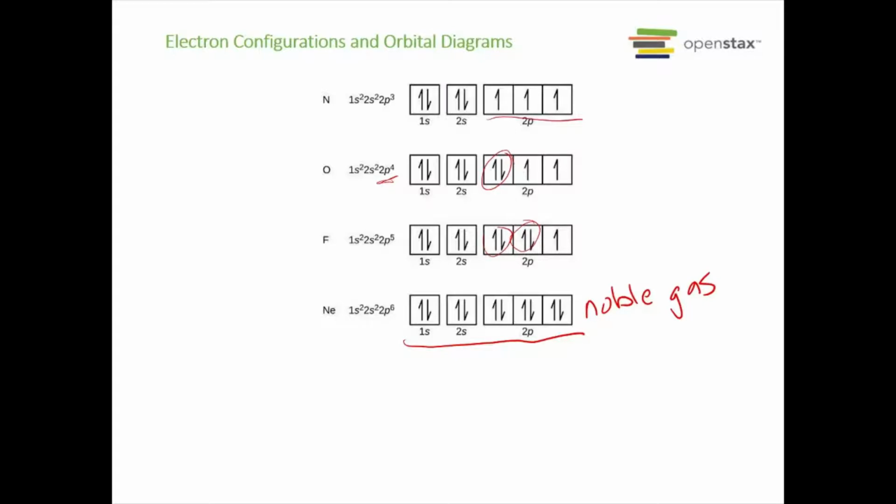Notice there's really no room for electrons to enter. This is why noble gases are stable. They have a nice stable electron configuration. So this is also why our metals and nonmetals either lose or gain electrons, because they want to have the closest configuration to a noble gas. So they will either lose electrons if that's easier, or gain electrons to have a noble gas electron configuration.